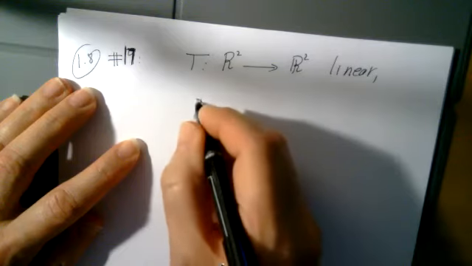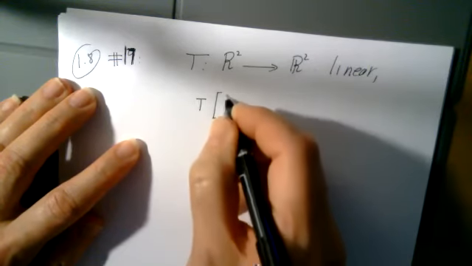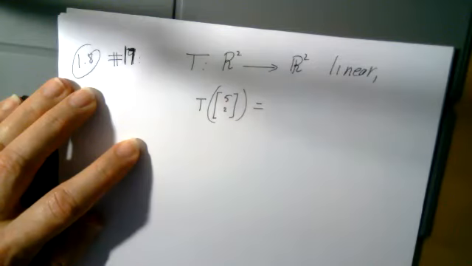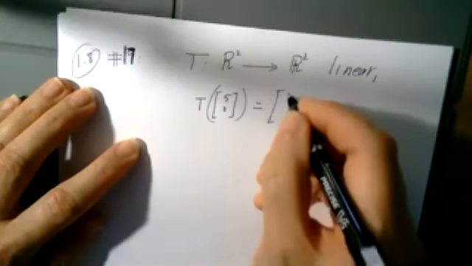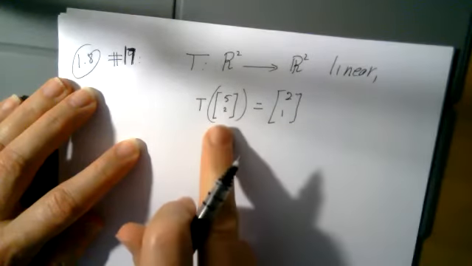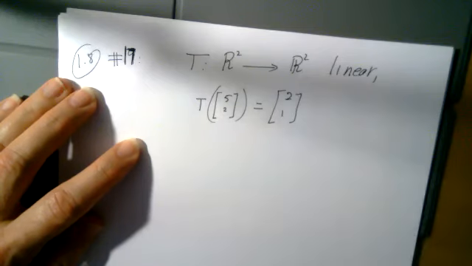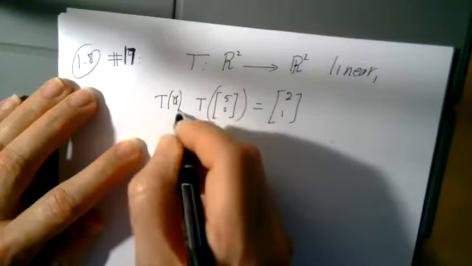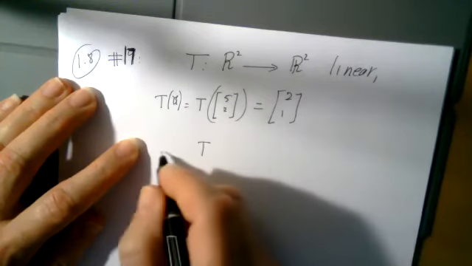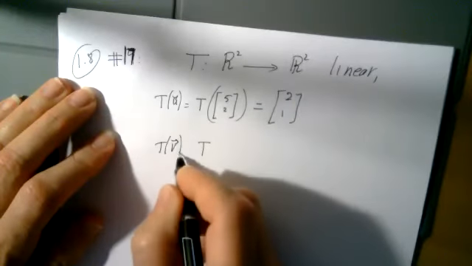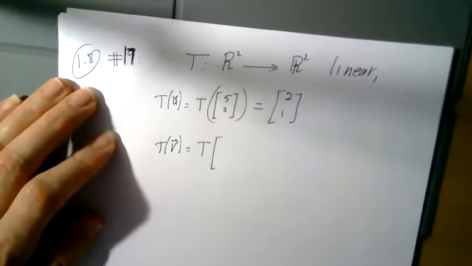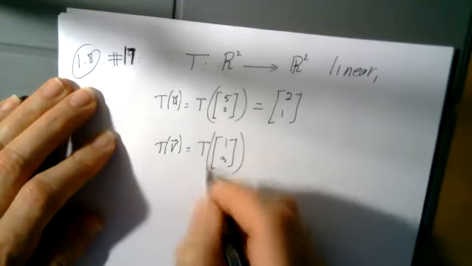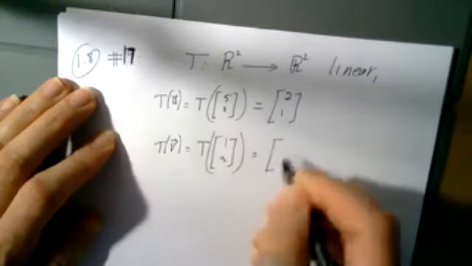It means the image of the vector 5, 2 is equal to 2, 1. It maps 5, 2 into 2, 1. And so this is my U. And it maps the vector V, which is 1, 3, into the vector minus 1, 3.